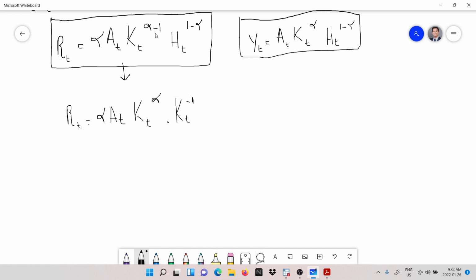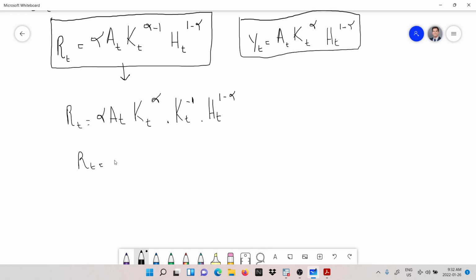Yes, because that's what we had in there. It's the same as doing this times HT^(1 minus alpha). So now, this minus 1 means that we can put this as a denominator, as dividing.